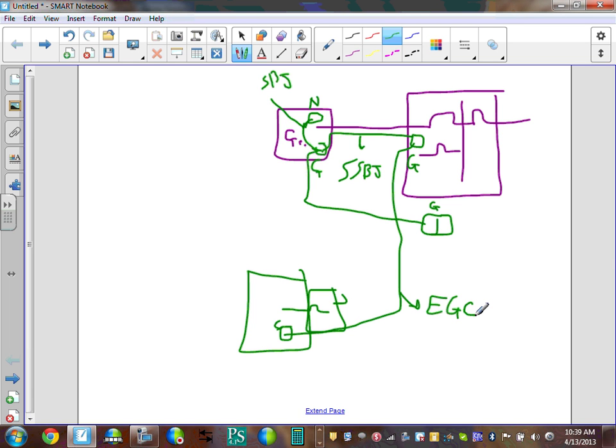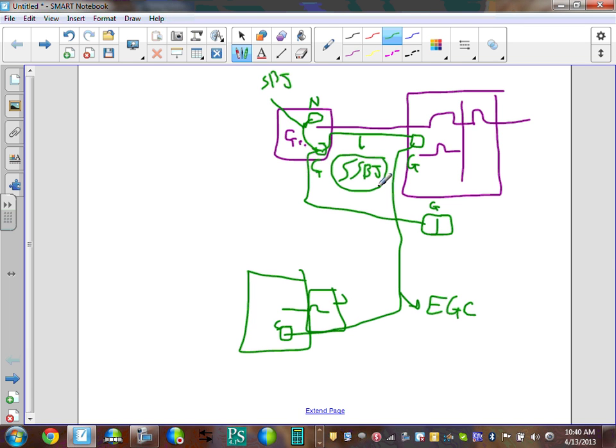Any comment? Everything stays the same. The neutral is the same size. Does it matter if it's a separately derived system or non-separately derived system? It really doesn't matter. The only thing that changes is that wire that we took right in here. Instead of supply side bonding jumper, it's going to be equipment grounding conductor.